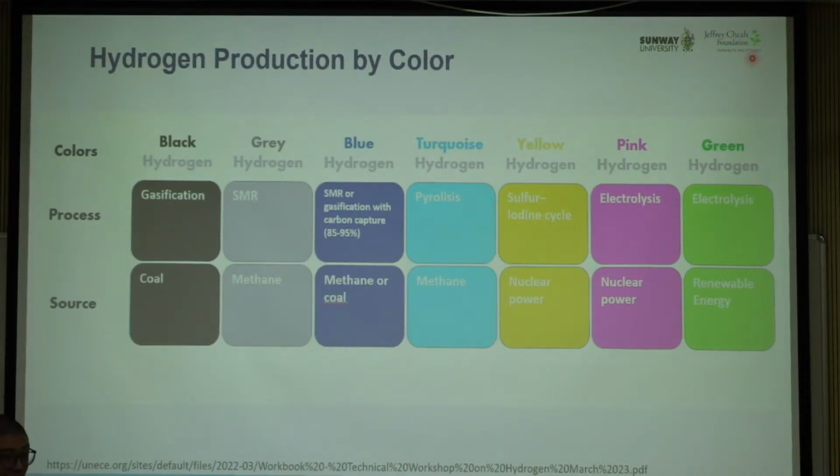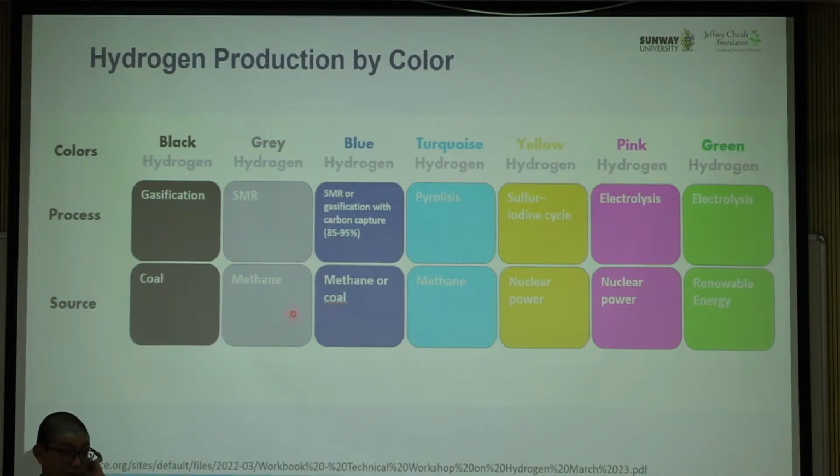So that's why we name hydrogen production by color. Only green hydrogen is totally clean. Hydrogen is a green energy during consumption, but you need to make sure the production is also clean.